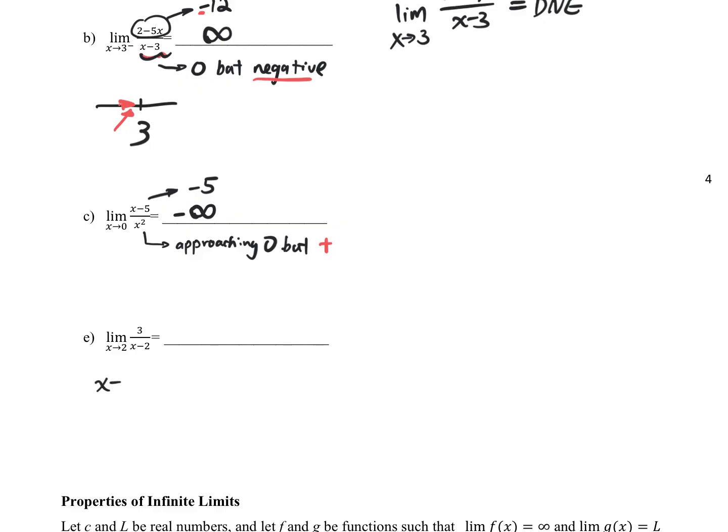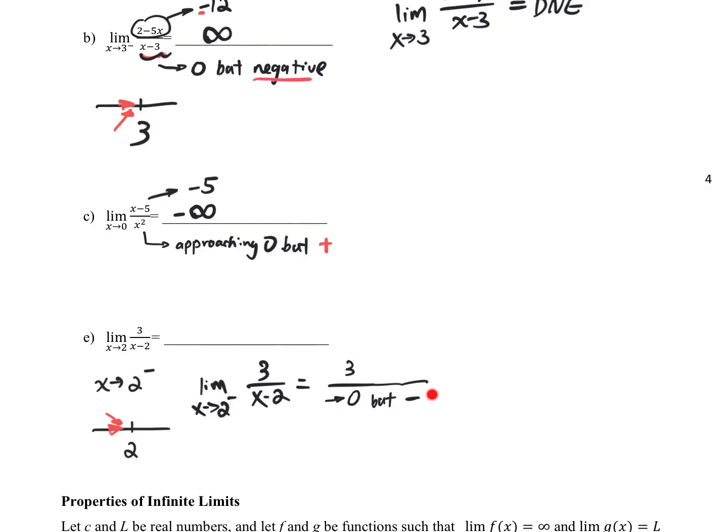When x is approaching 2 from the left, this means x is less than 2, going from this direction. In this case, the top is 3, and here the denominator is approaching 0, so let me use this arrow sign to represent approaching 0, but negative.